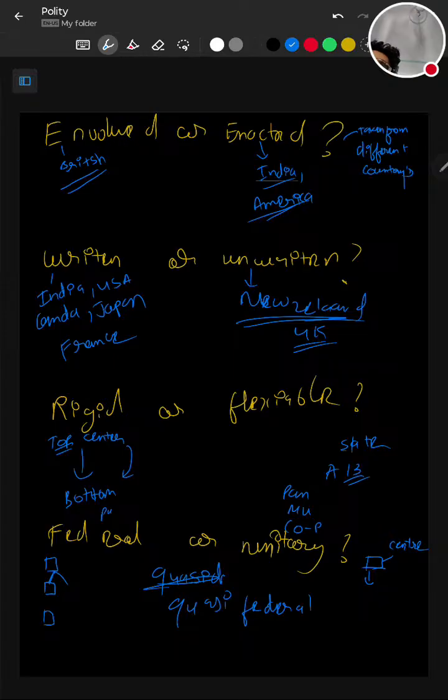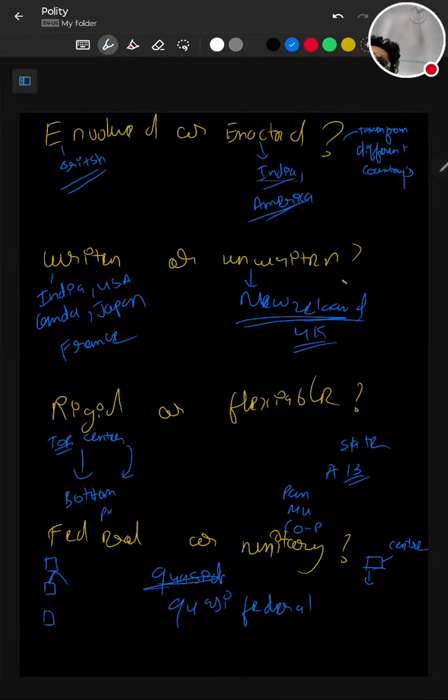India follows this quasi-federal system, as in, I think, Schedule 7, which says that the division of power is done between the center, the state, and the concurrent list, right?